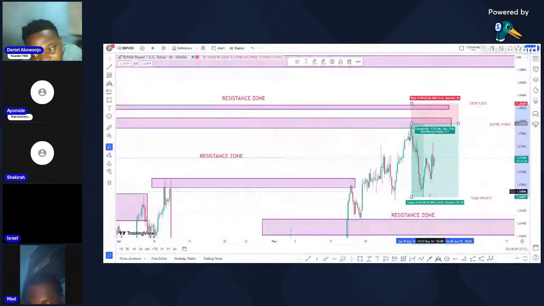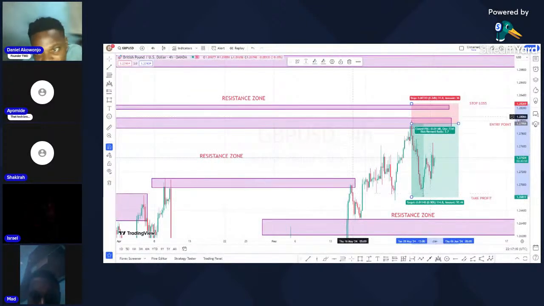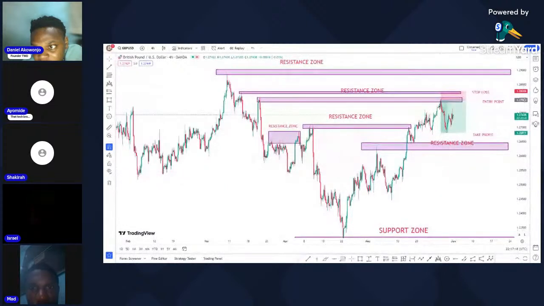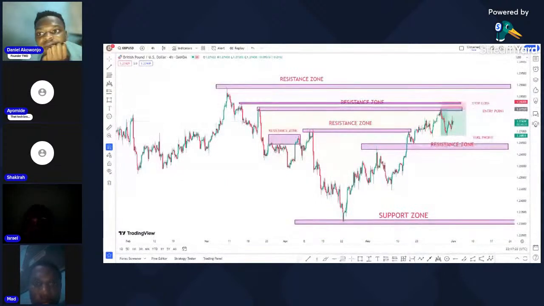Any trade that does not guarantee you 1:3 minimum, or at least 1:2, don't enter. Any trade where you are risking $10 and you're not going to make $20 or $40 out of it, don't enter. Does that make sense?